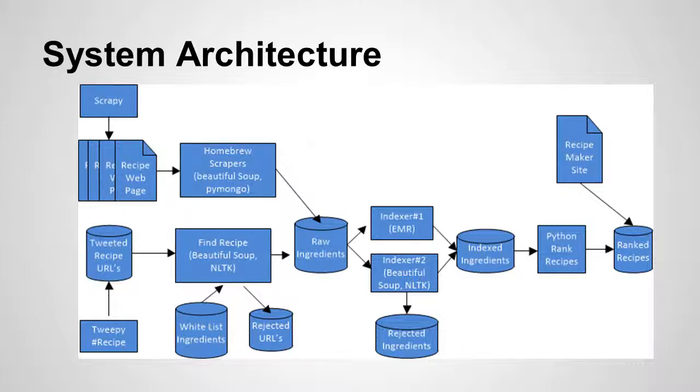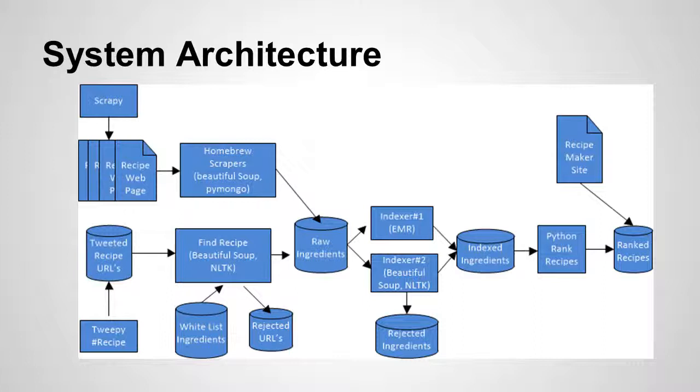The second path that we took was starting at the bottom left-hand corner. Tweepy was used to look for the hashtag recipe on Twitter. This led to a list of recipe URLs, which we found the recipe using Beautiful Soup and NLTK. We used a good list of ingredients to identify just the words that were known as ingredients.